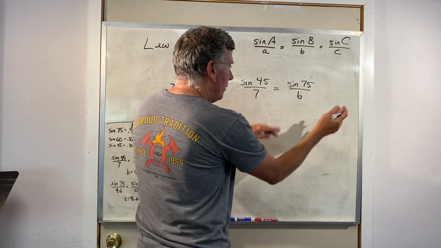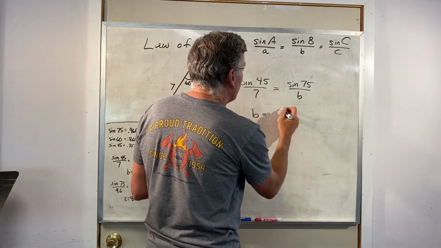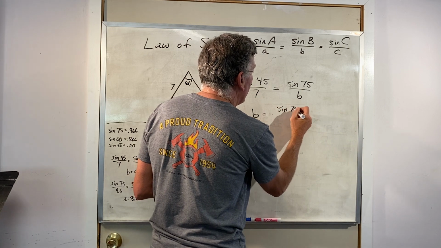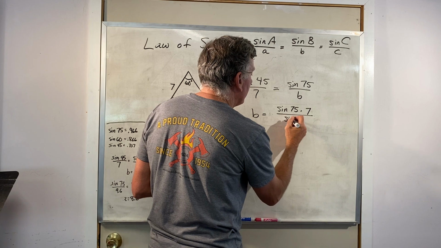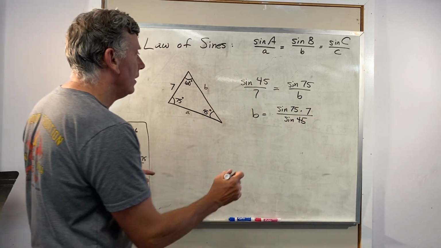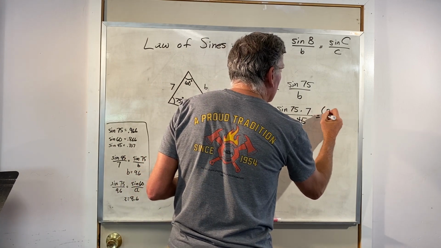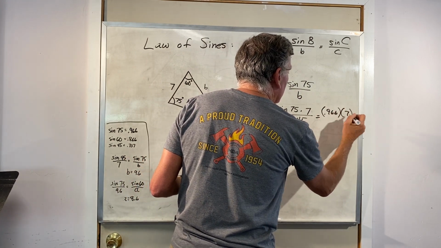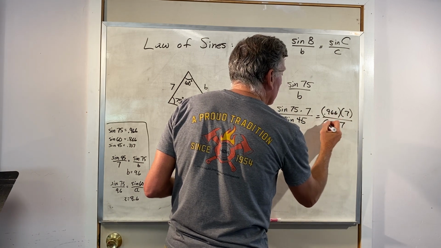So this means, and I rewrite it now, B is going to equal the sine of 75 times 7 divided by the sine of 45. Now I have my little cheat sheet over here. That's going to equal 0.966 times 7 divided by 0.707.